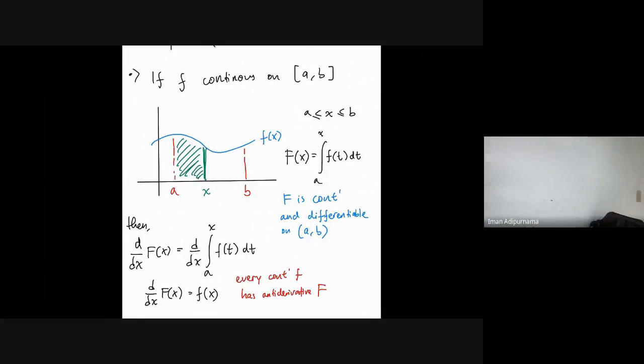So this theorem connects the antiderivative and the derivative.